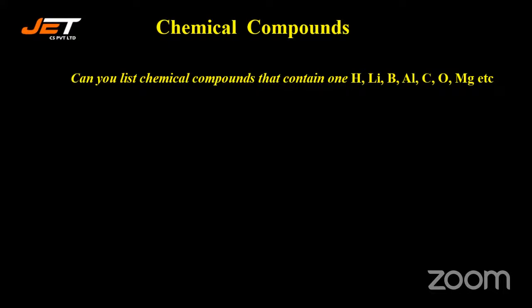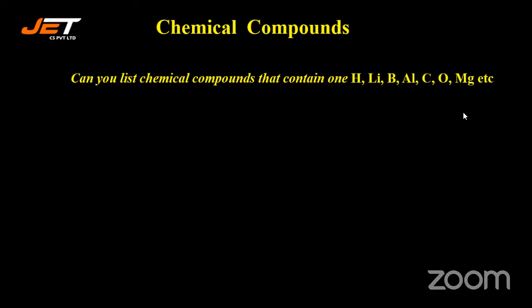Now, what is the name of a substance that has one hydrogen, one lithium, one boron, one aluminum, one carbon, one oxygen, one magnesium? Anyone, if you can remember anything with one hydrogen?